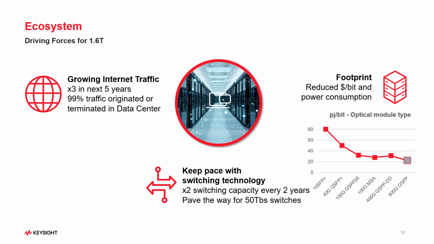So the challenge for the customer is to keep up with the pace of switching technology at the data center. This is a key parameter that will determine the traffic the data center can handle. Another challenge is striving to reduce the cost per bit and also the power consumption while increasing the throughput.